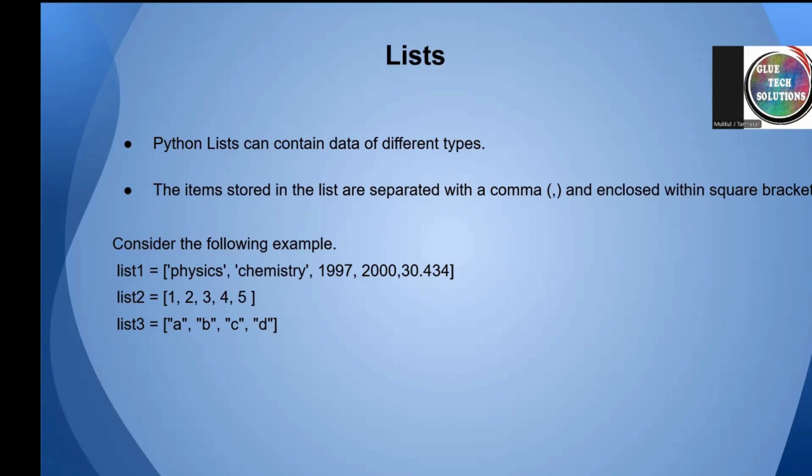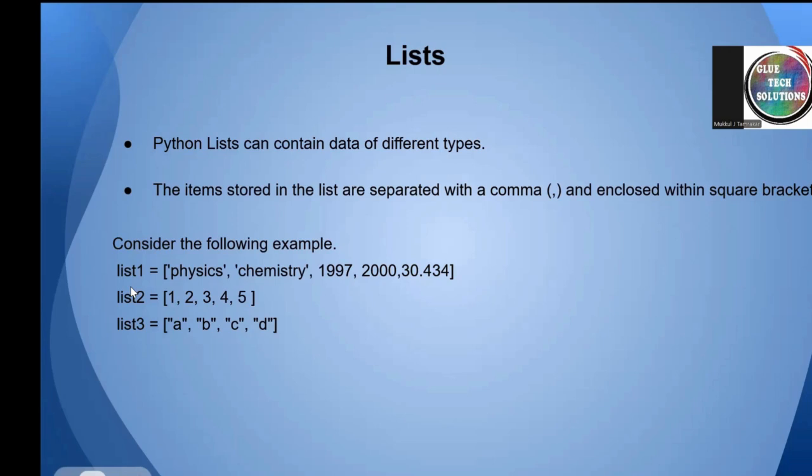Correct. Similarly, in a list, you can have a collection of different data types, and a list is always enclosed in square brackets and separated by commas, right?